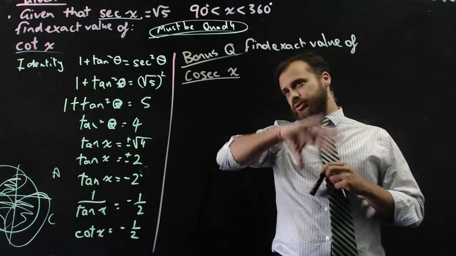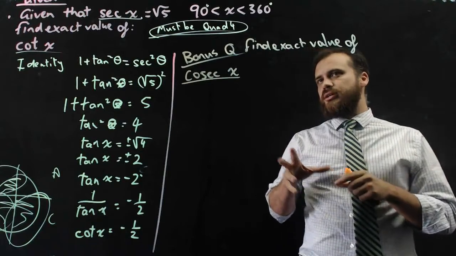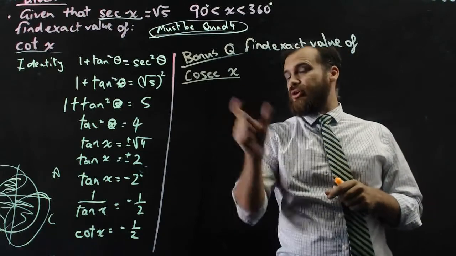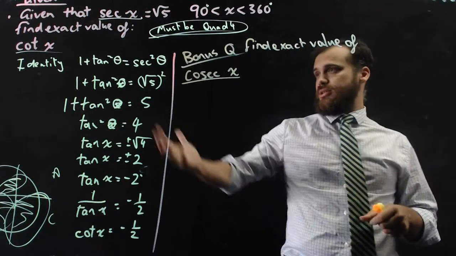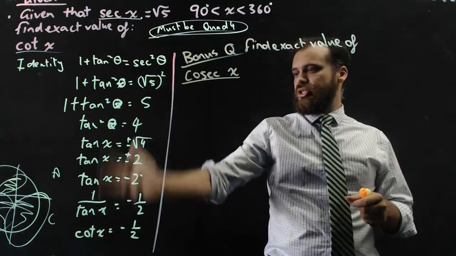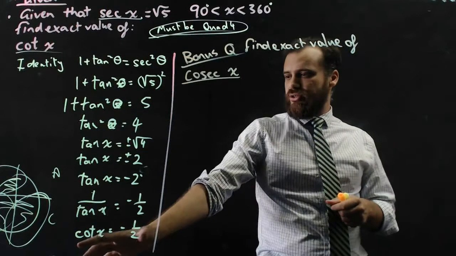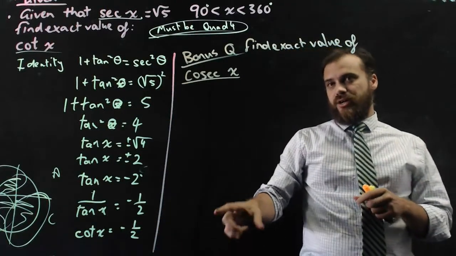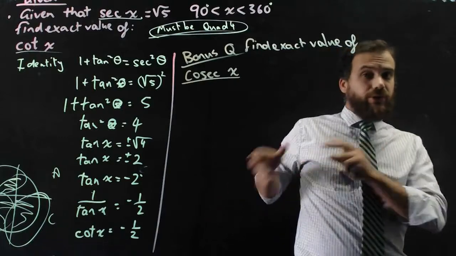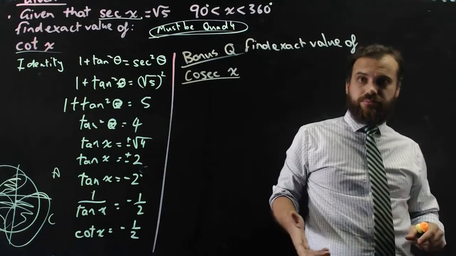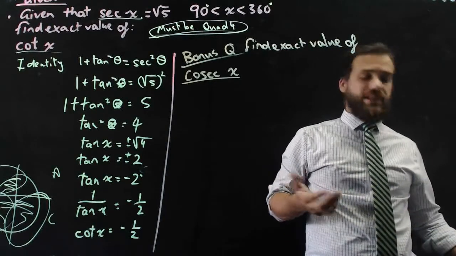Alright, so let's knock over just a bonus question here. Find the exact value of cosec x. Now, it might be tempting to go through a similar procedure, but the fact that I know that cot x equals negative 1/2, I can use that along with one of my bonus Pythagorean trig identities.